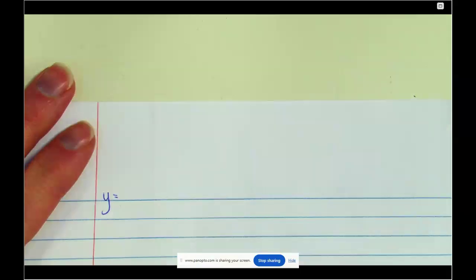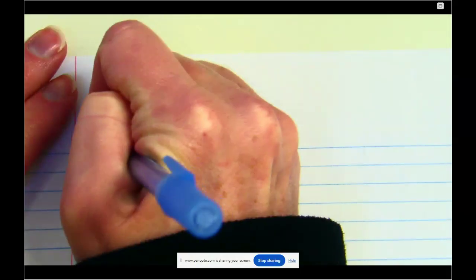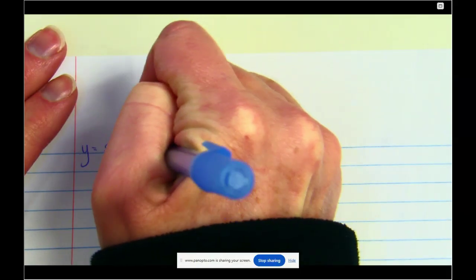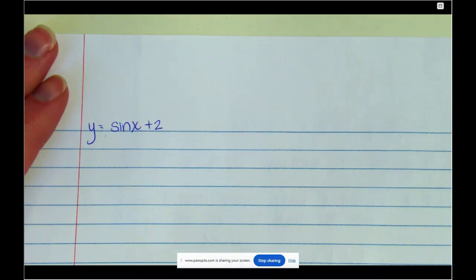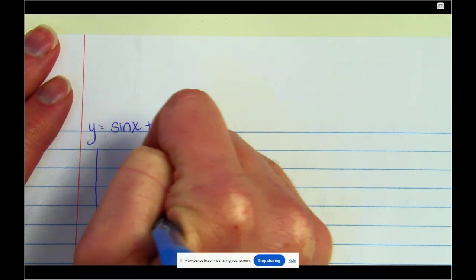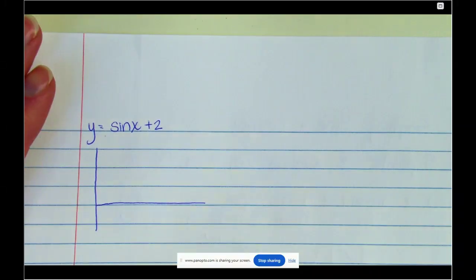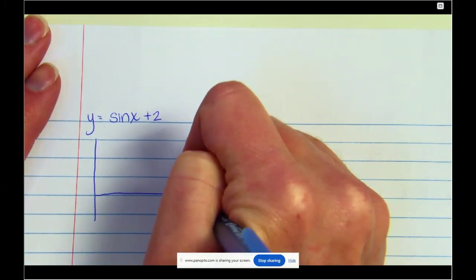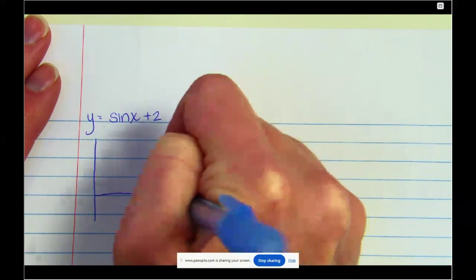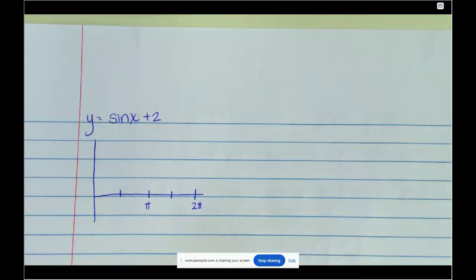So let's say we're going to graph y equals the sine of x plus 2. Now, your x-axis does not change. Stop talking, please. Okay, the x-axis does not change.